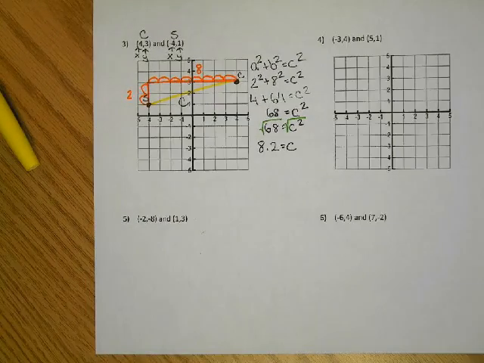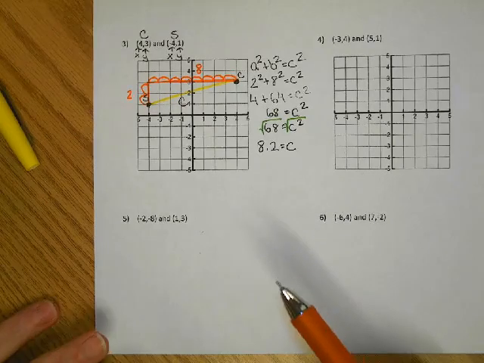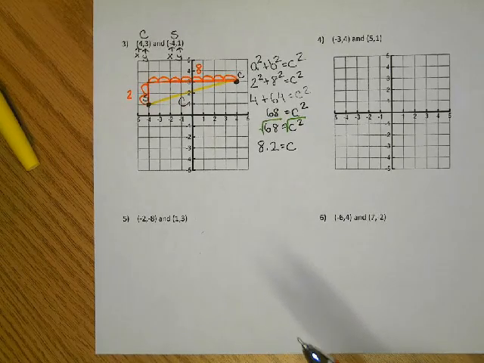Okay, so number 5, we just have points. We don't have a graph. So what can you do? What are you going to do if you just have points and you don't have a graph? We could plot our points down still, right?